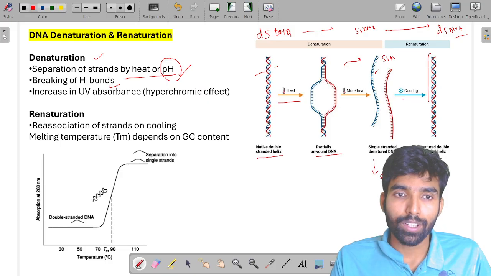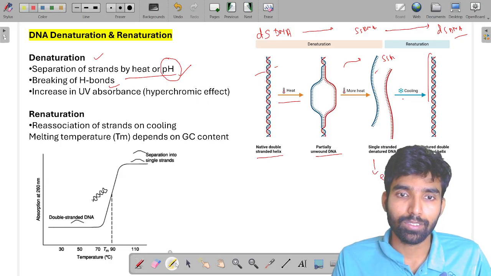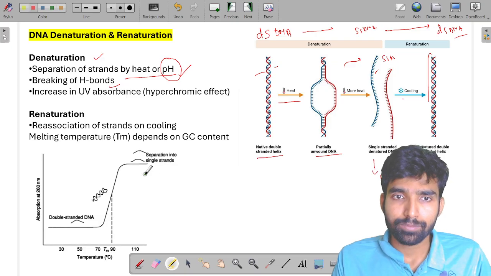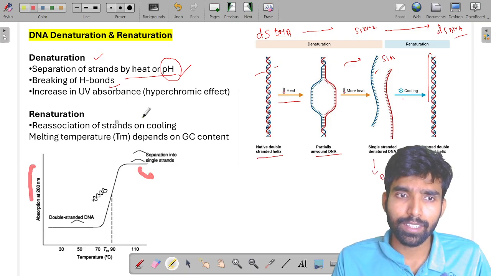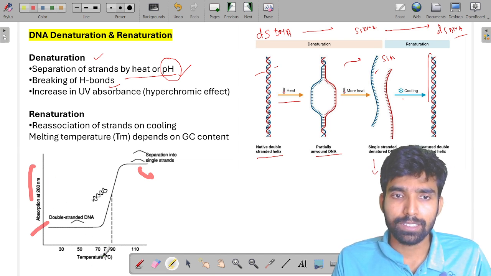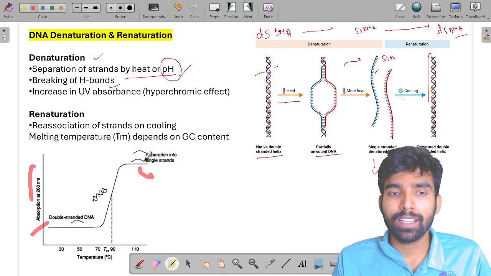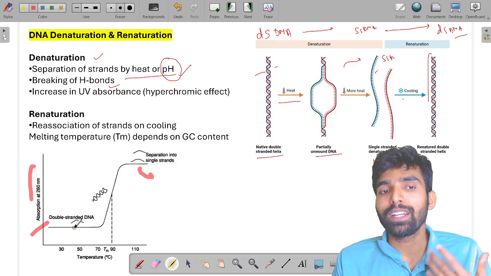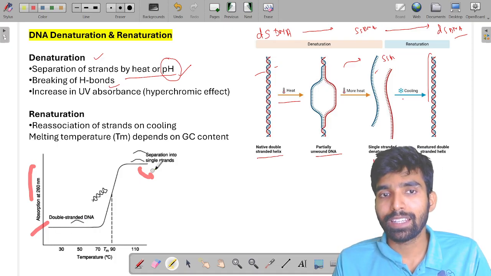If you see the plot here, this is single-stranded DNA. This axis indicates the absorption at 260 nanometer, and that's the temperature. At 90 degrees, most of them are in single-stranded form, and because of this, the absorbance is much more. This is the partial form. This is the double-stranded form, which shows very little absorbance in comparison to single-stranded.